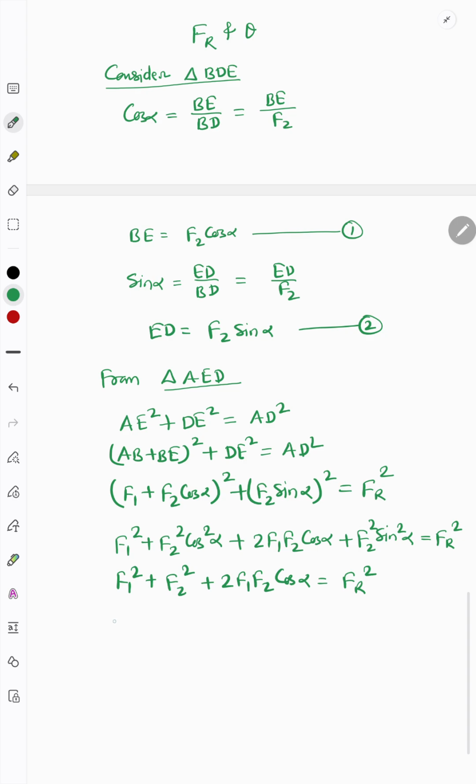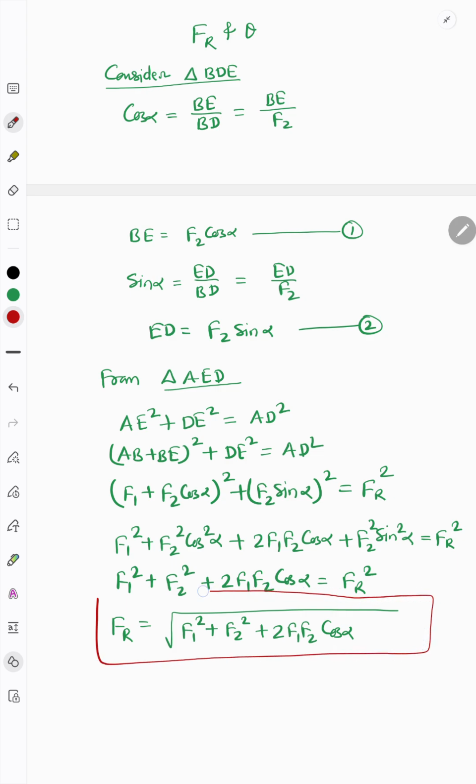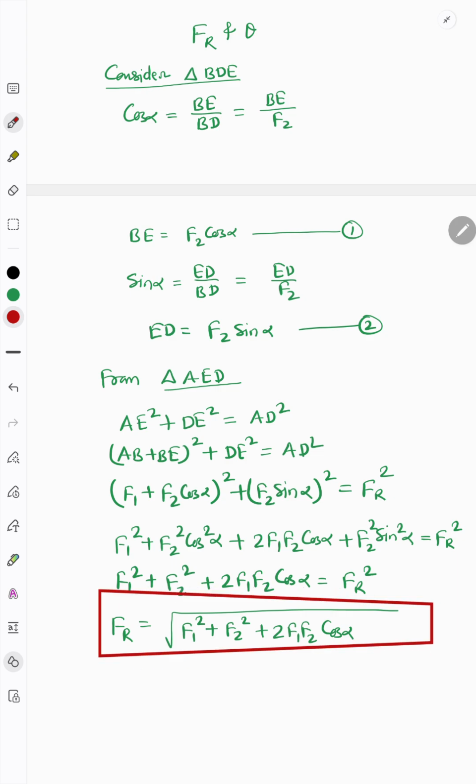So we get FR is equal to root over F1 square plus F2 square plus 2 F1 F2 cos alpha. So this we have done. This was our motive, to calculate this equation.